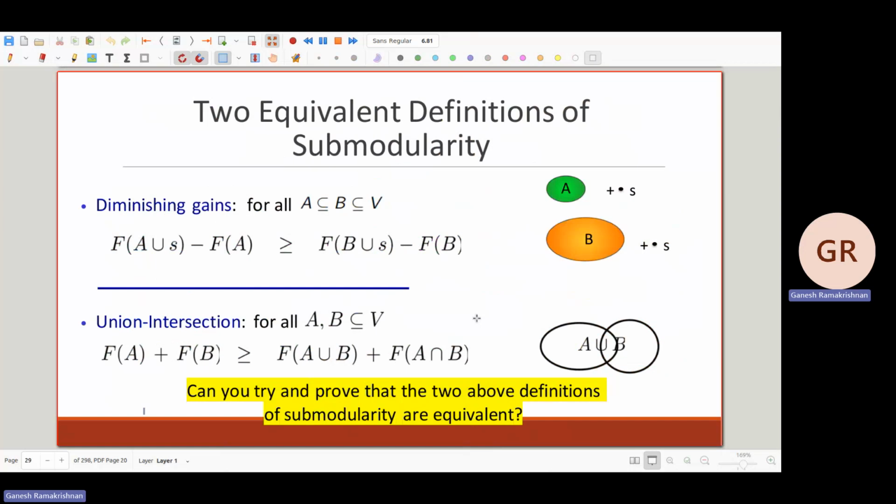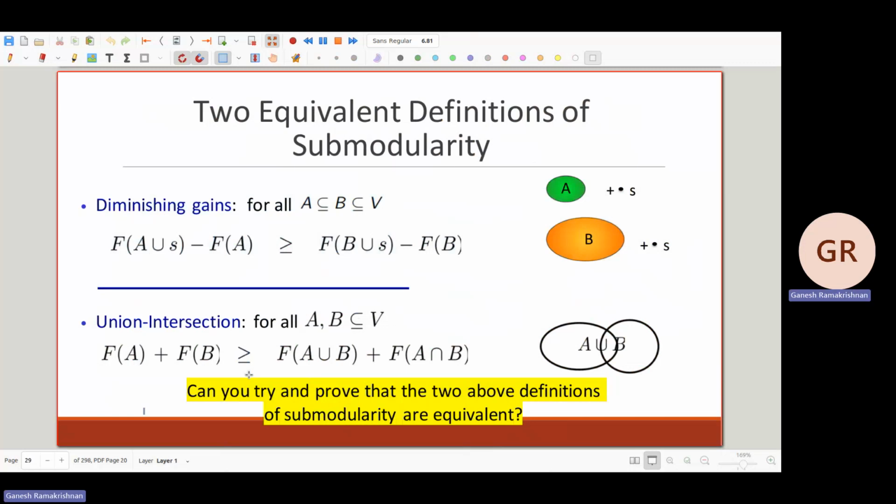So now the last point, the two equivalent definitions of submodularity. One is diminishing gains, which we saw earlier, right? But there's another one, which is union intersection. So f of A plus f of B is greater than or equal to f of A union B plus f of A intersection B. So what is this?